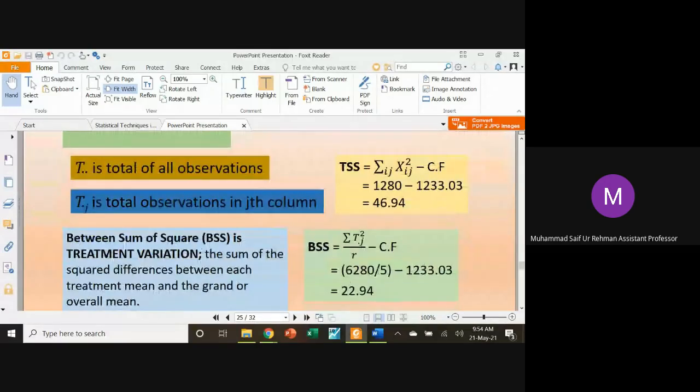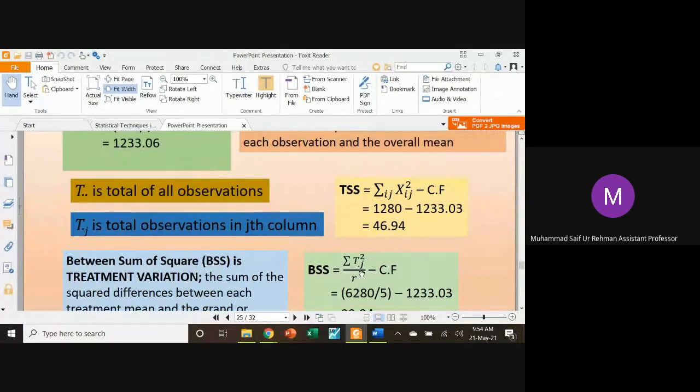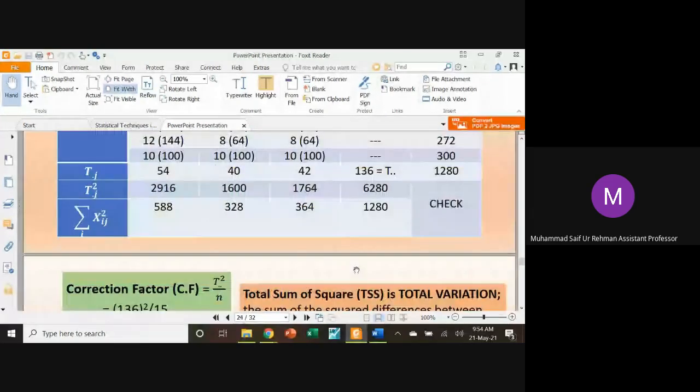Okay. How will you find out BSS? BSS means SST, sum of squares for treatments, or you can also call it RSS, regressor sum of square. Right. So in this case, you have to add T dot J square, all those terms, summation T dot J square. Summation T dot J square is this value, 6280.